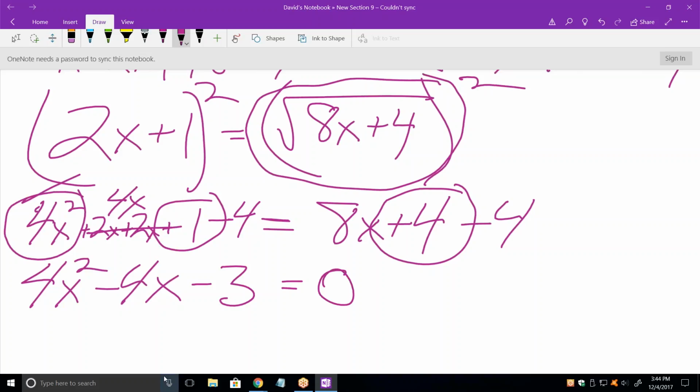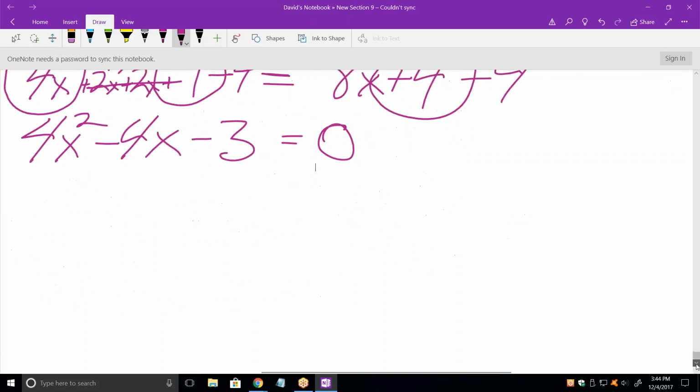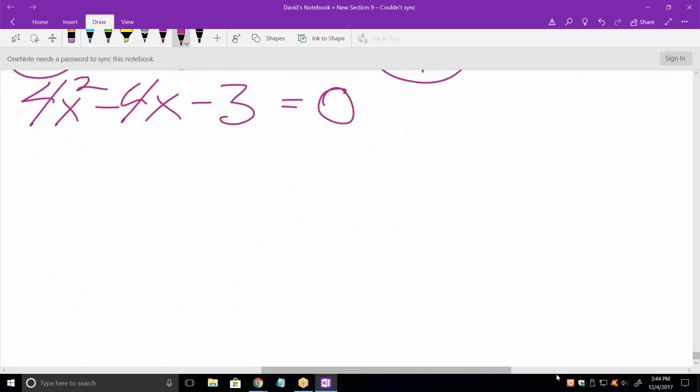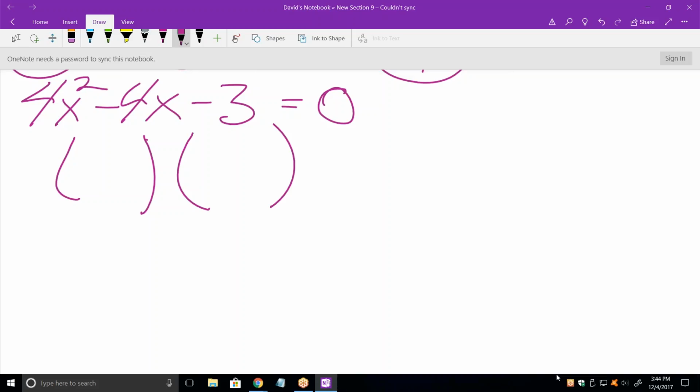0. Okay, now we have it in the form of a quadratic that we can work with. I don't know automatically that this thing will factor nicely. I'm going to trust that the teacher wouldn't give you one that wouldn't factor nicely. Can I take a greatest common factor out of that? No, you can't. So let's try to factor it normally.